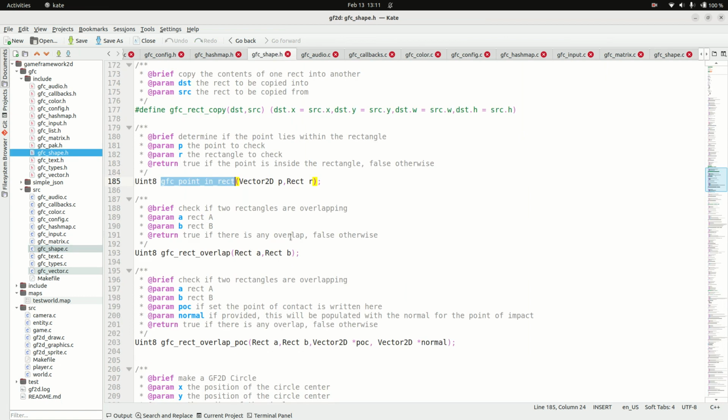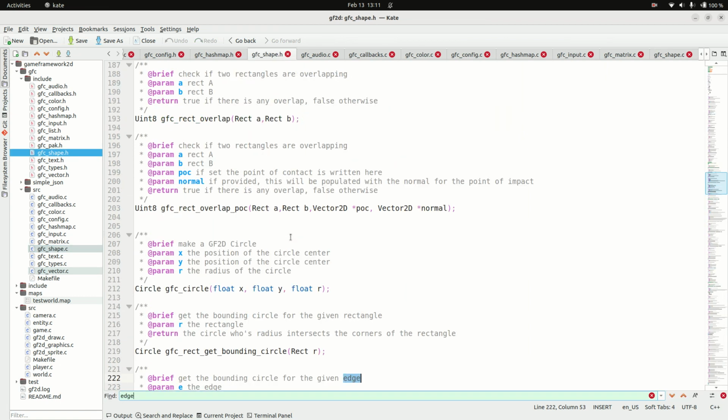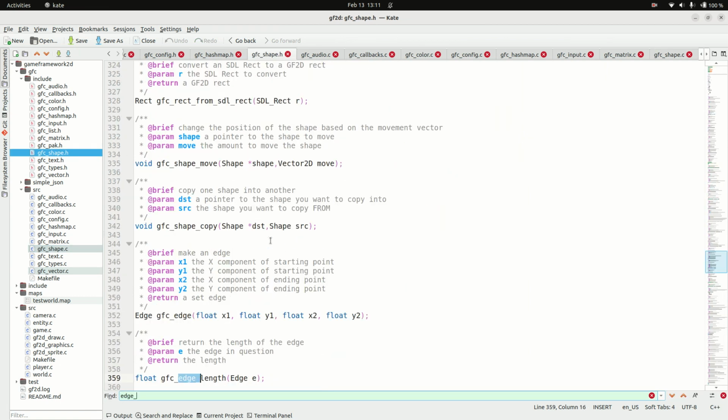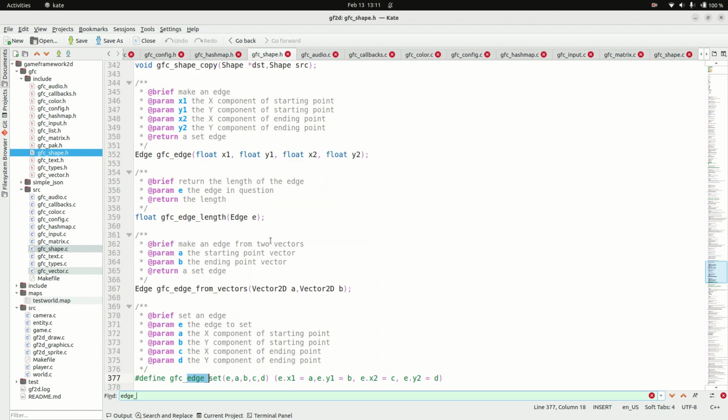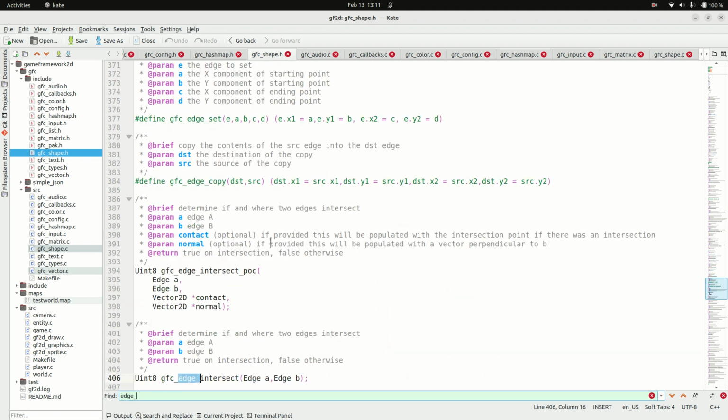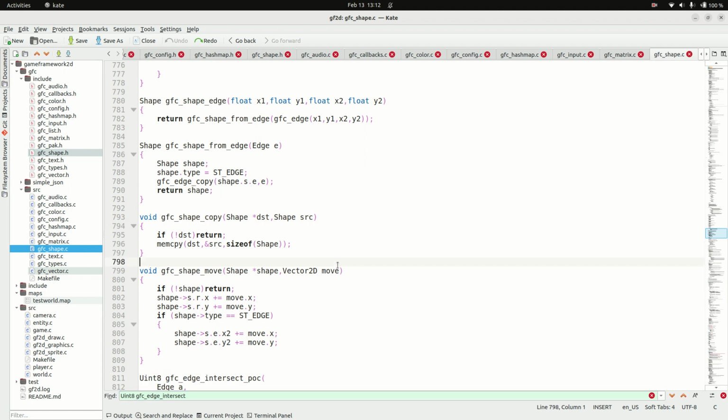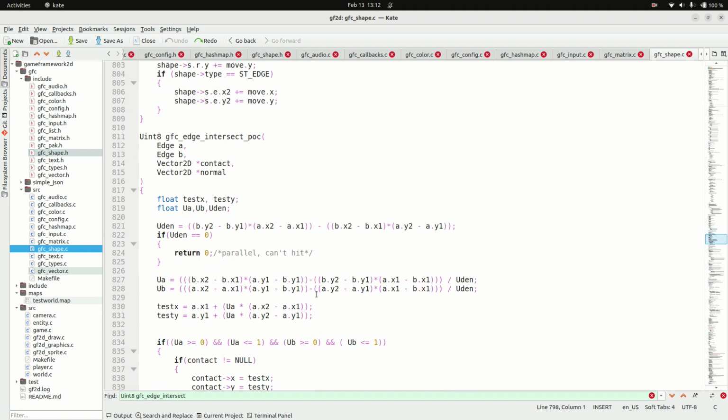So let me find the edge. Get bounding, length from vectors, set, intersect, point of intersect. All right, let's go to this function in shape.c.